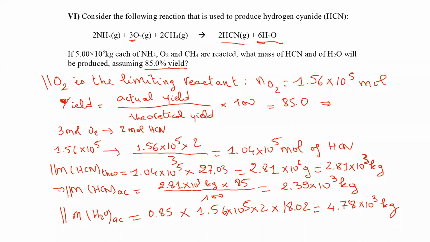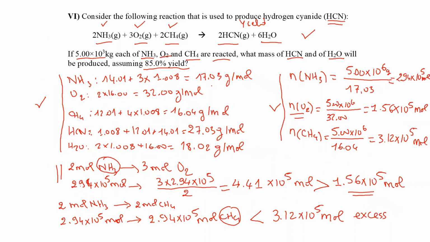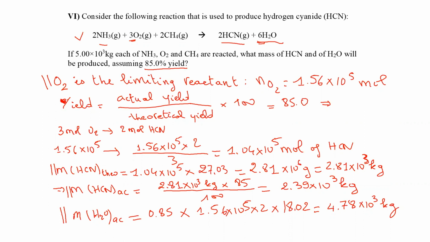So as you can see, you can solve this problem easily by first always checking if the reaction is balanced. Here we have the masses for all of our reactants, so you need to calculate the number of moles as we did previously. Check which reactant is the limiting reactant, and the limiting reactant will determine the yield of all of the products.